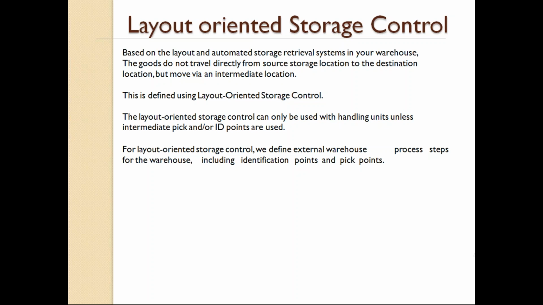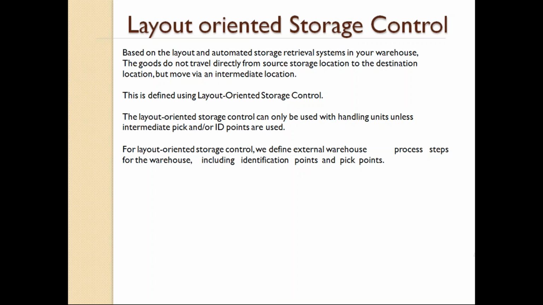The system will create two tasks: from packing to X storage type, and from X storage type to the staging bin. So you can club process oriented storage control and layout oriented storage control together and do your inbound and outbound process, or you can just use layout oriented storage control.